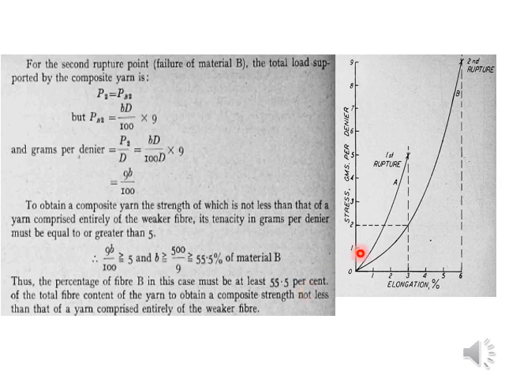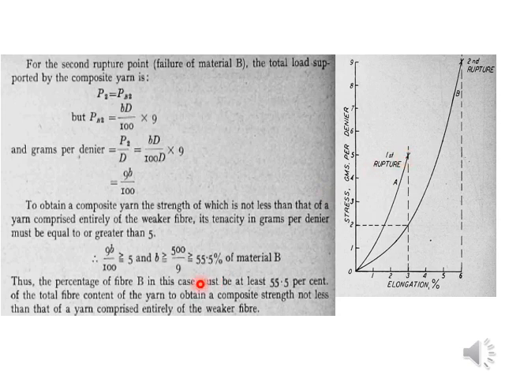If we add fiber B lesser than this percentage, the ultimate tenacity of the composite or blended yarn will be lower than this value.